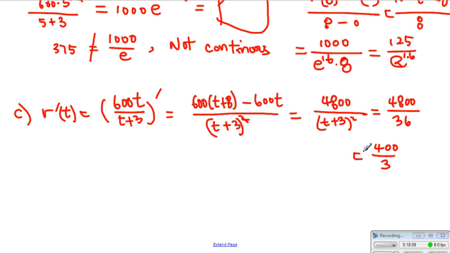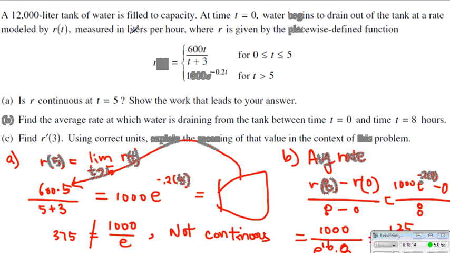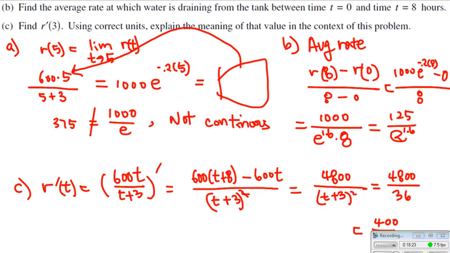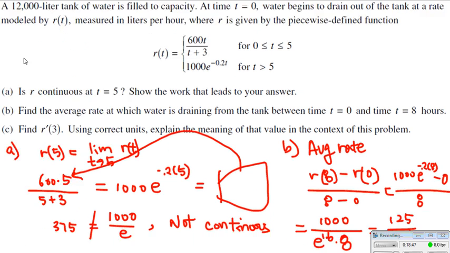Now, the unit here in this case: originally R was measured in liters per hour. The derivative of liters per hour becomes liters per hour squared. And the meaning of this one becomes the rate of change in whatever R was.